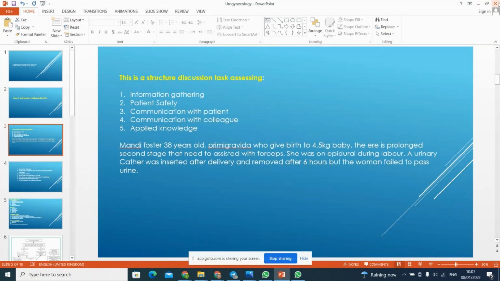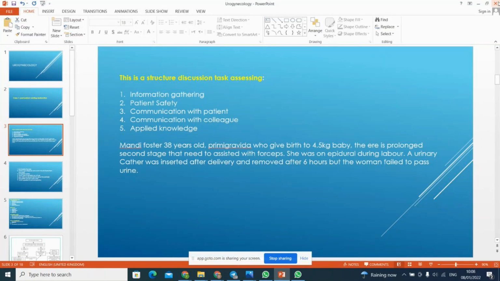Then I want to know about her pregnancy. I want to know whether she has had similar urinary complaints during pregnancy, and whether she had any other problem during pregnancy, like any retention of urine. I want to know whether she has any comorbidities, like whether she is diabetic, because she gave birth to a macrosomic baby.